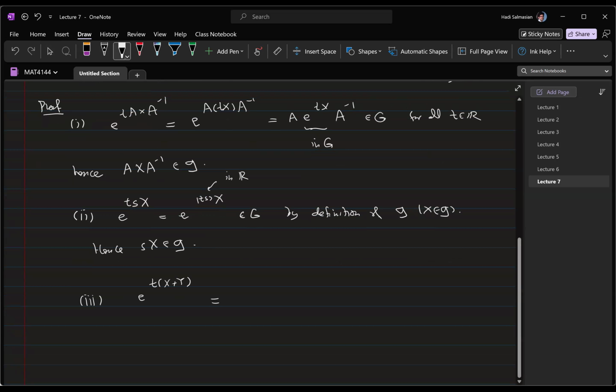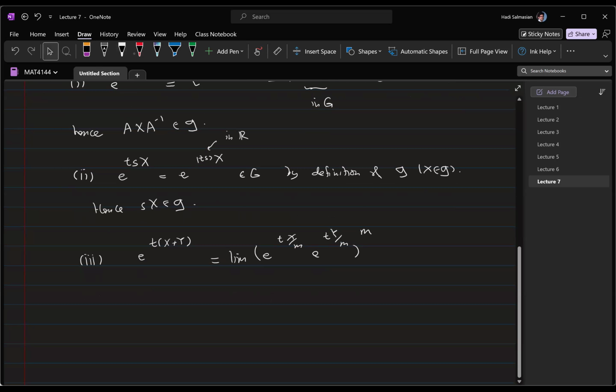However, still, we can write this as a limit of e to the tx over m, e to the ty over m, to the power m as m goes to infinity. I'm sorry, I forgot the power; the power is actually outside.